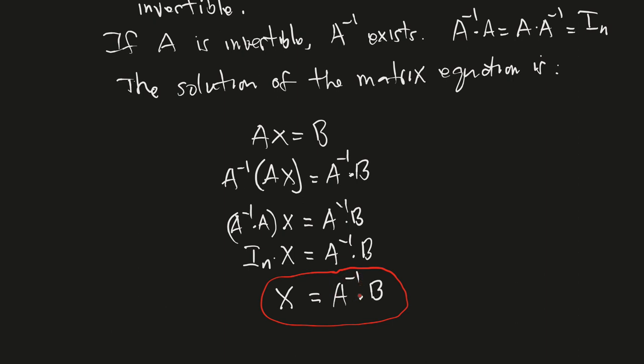And currently, the only way we know how to find that inverse is by doing the elimination. But one of the powers of this particular approach is if you have a system where the coefficients are pretty much set, so that A doesn't change, but you might have different values of B, then once you have the inverse, you can use this formula repeatedly to come up with a solution, right?